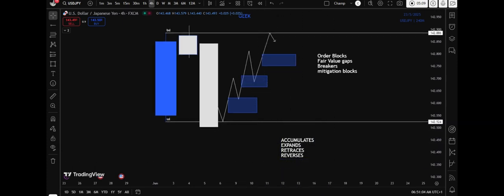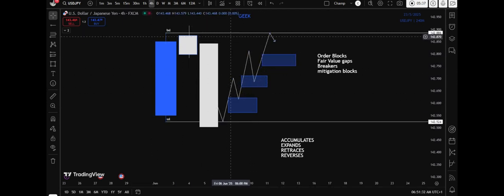When price wants to expand, the first step must be the accumulation. Accumulation occurs during the open and a few minutes after the open before it may rally down, since it's a bullish example, and expand. The levels of internal range liquidity are created for price to retrace into or pull back into, and it will continue.